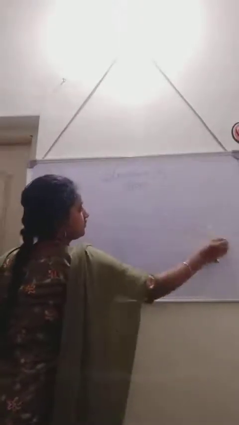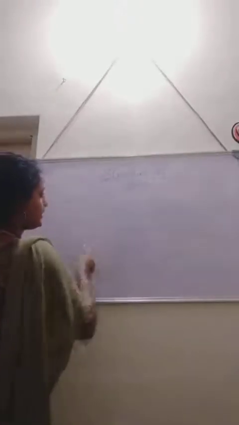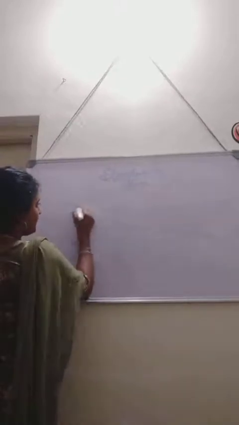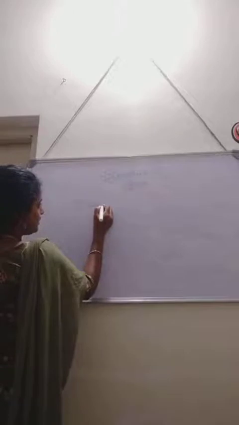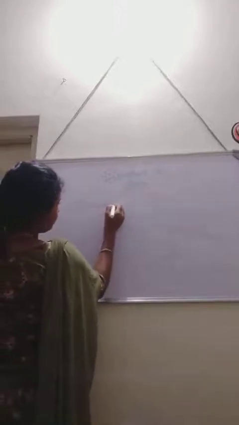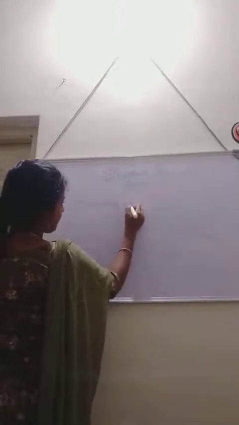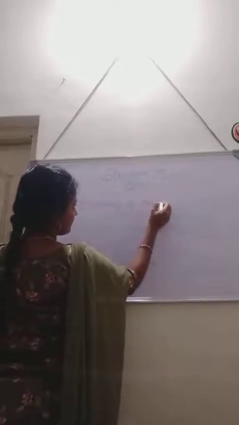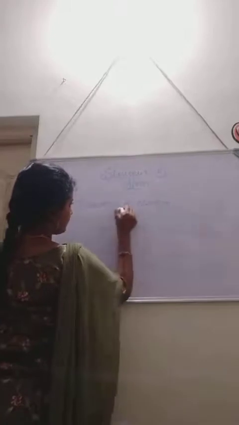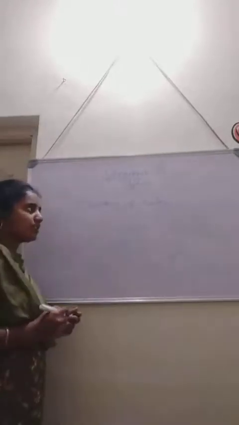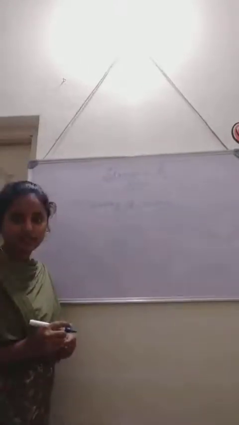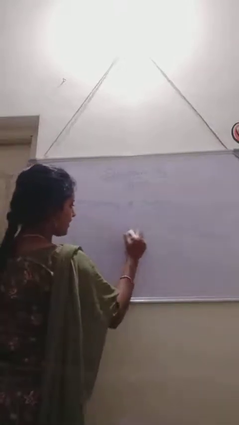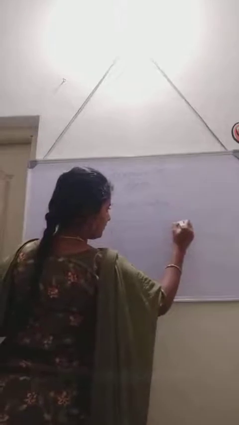In 1900, J.J. Thomson discovered electrons by conducting an experiment in a glass discharge tube.